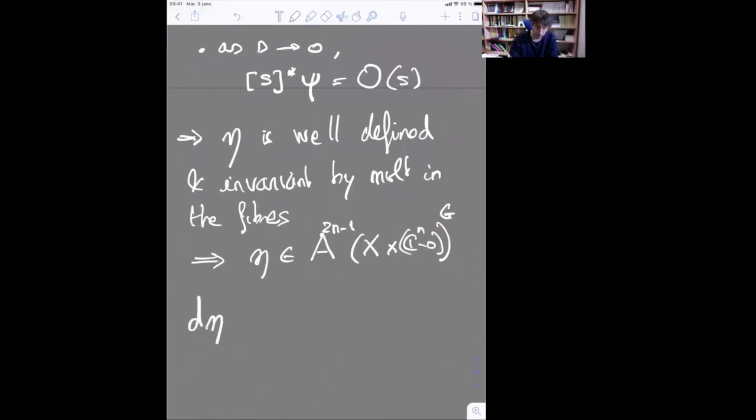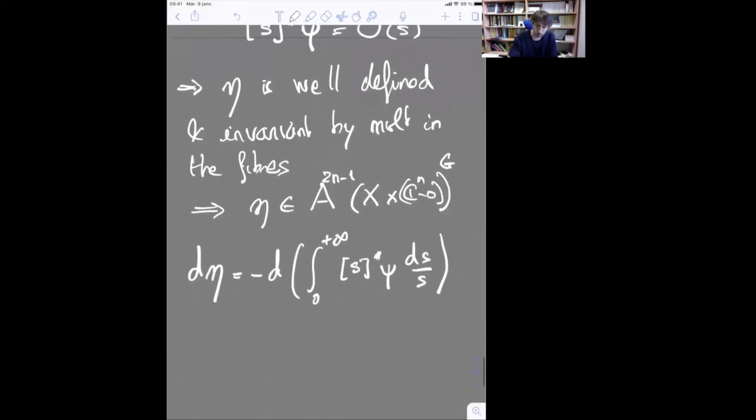Let's compute d of eta formally. So by definition, it's minus d of this integral. The differential, since now we know there is no issue of convergence, is the same as minus the integral, and you apply the differential to the form.